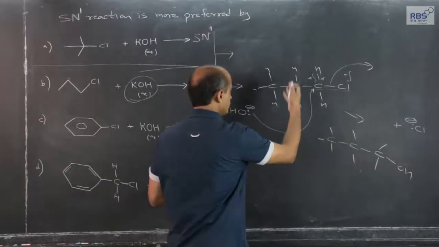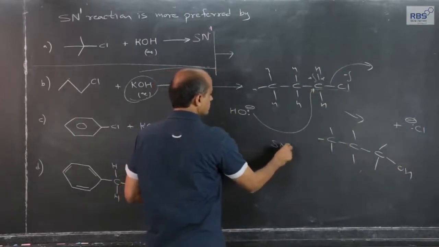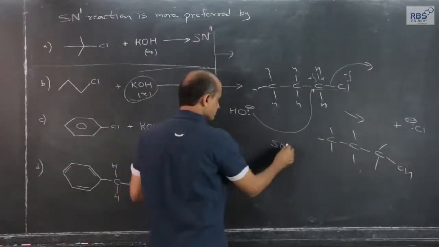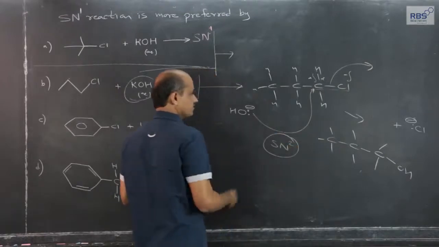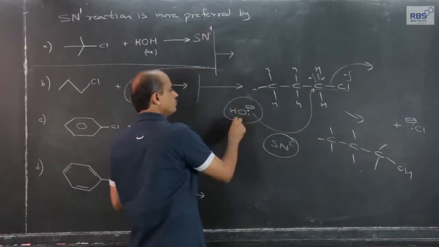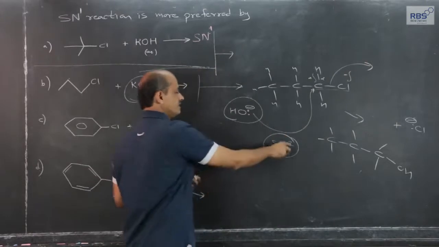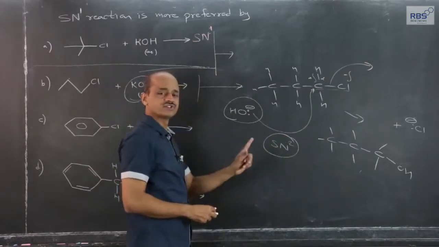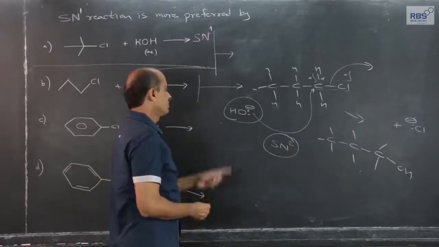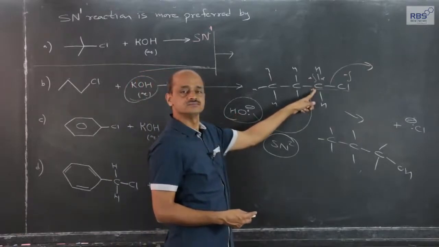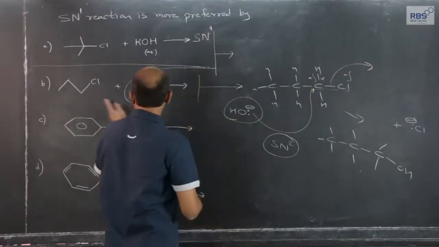So, this is nothing but a simultaneous one-step SN2 reaction mechanism. The rate depends on both the species and therefore it is 2, but the mechanism is one step, and because opposite side attack is possible here, this is SN2 for this.